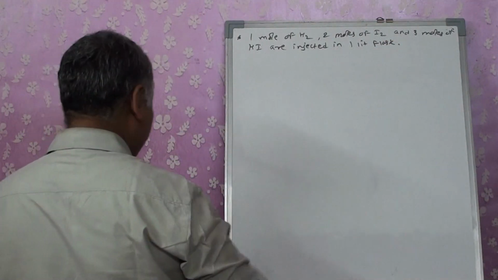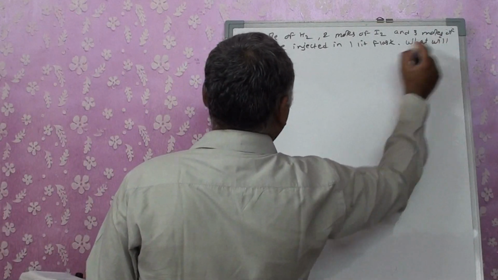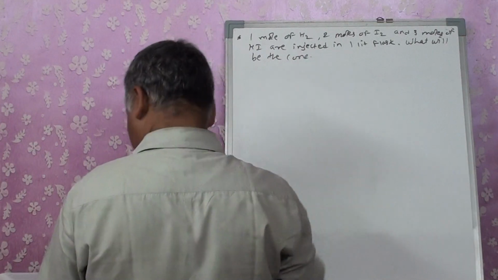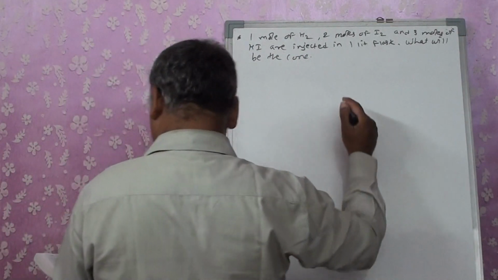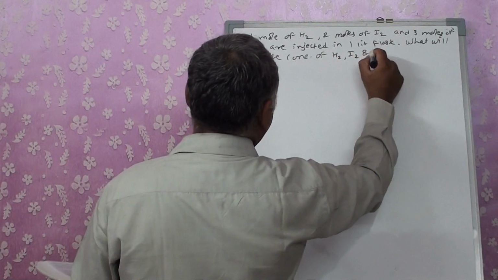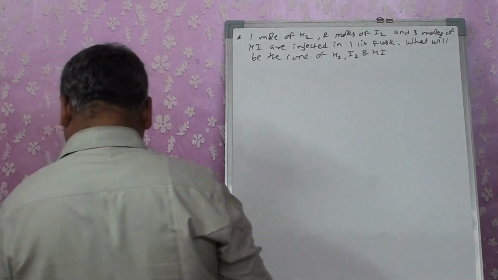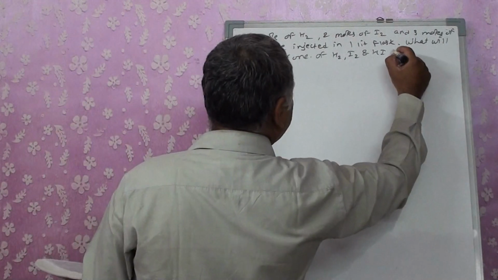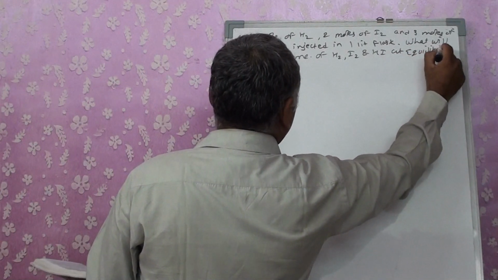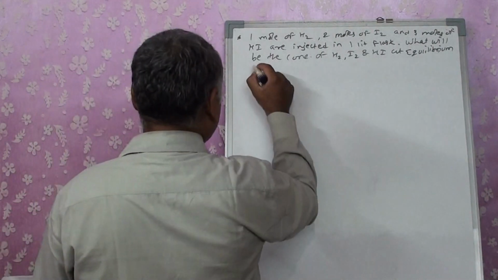What will be the concentration of H2, I2 and HI at equilibrium at 400 degrees Celsius?